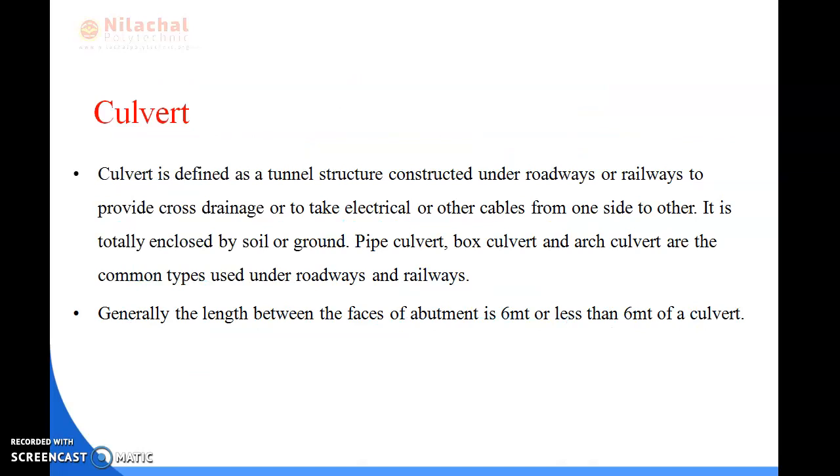First of all, we discuss culvert. What is a culvert? A culvert is a structure that allows water to flow under a road, railway, or a similar obstruction from one side to the other side.